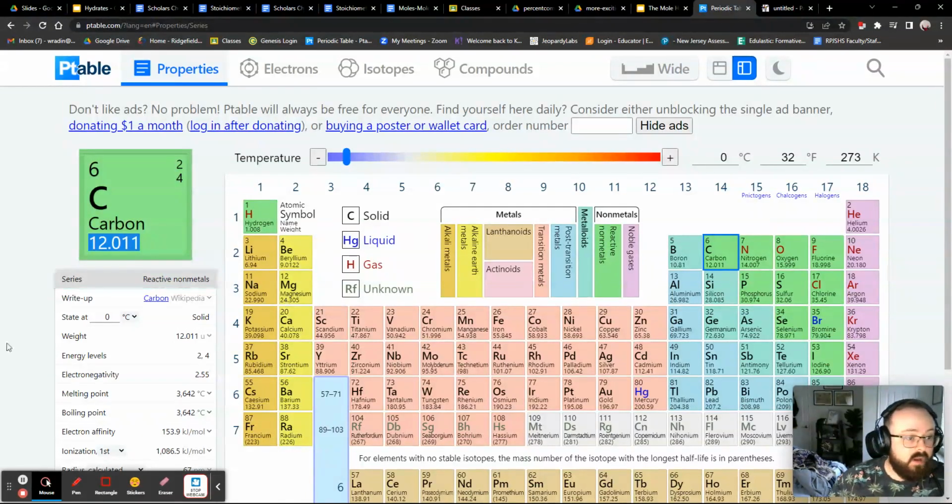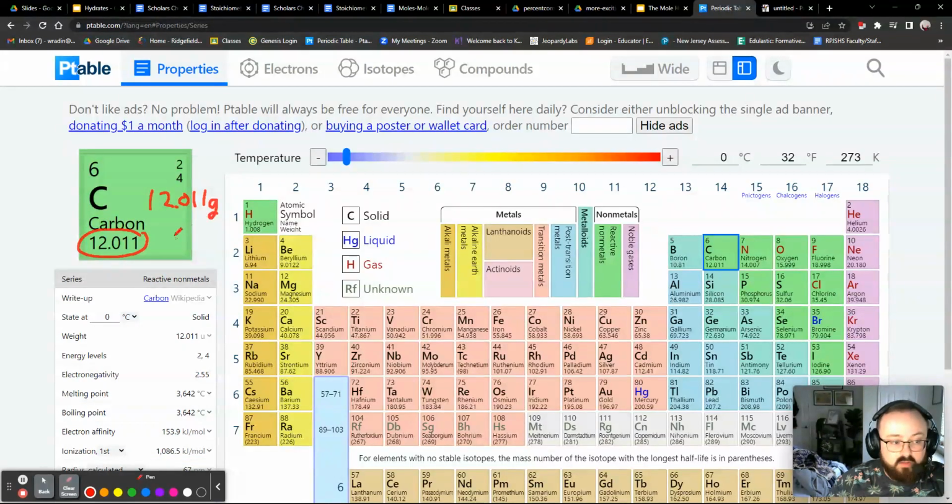All right. So what this means is that if I have a single atom of carbon, it has a mass of 12.011 Daltons, whatever that unit is. But if I have 6.022 times 10 to the 23rd atoms of carbon, that mass is going to be exactly 12.011 grams, right?